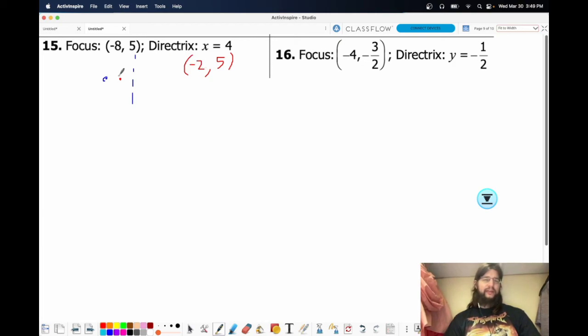Again, add them up, divide by 2. We're opening to the left, so p is going to be a negative. And that is 6 units away. So it's horizontal. I'm going to start with the y part. Y minus 5 squared equals -24 times X plus 2.